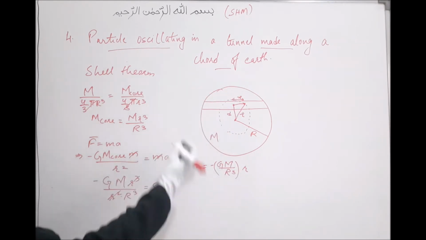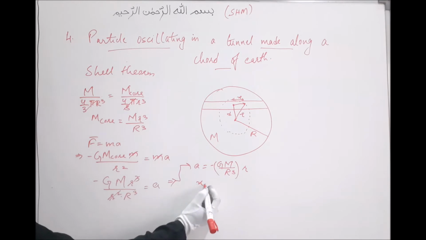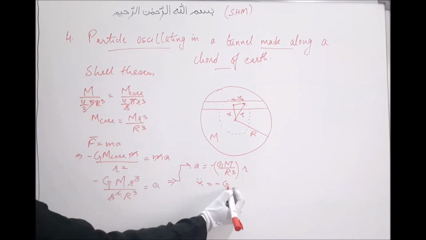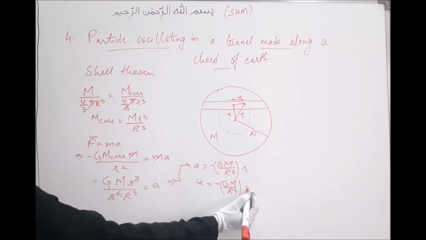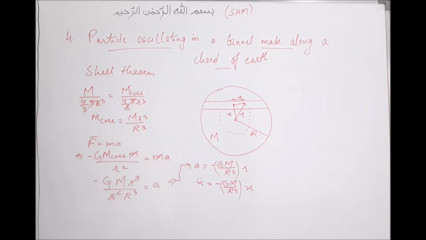If I take just one dimensional motion along the x direction, I have x double dot equal to minus G M upon R cubed into x. This is the equation of simple harmonic motion.